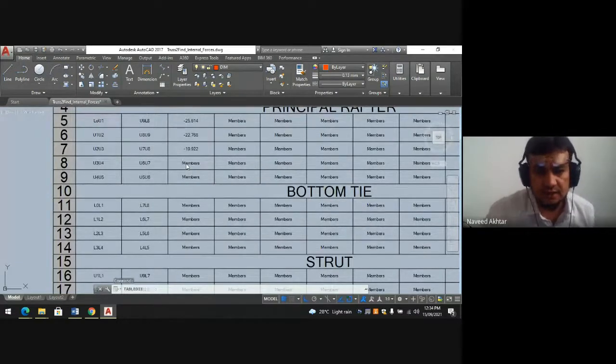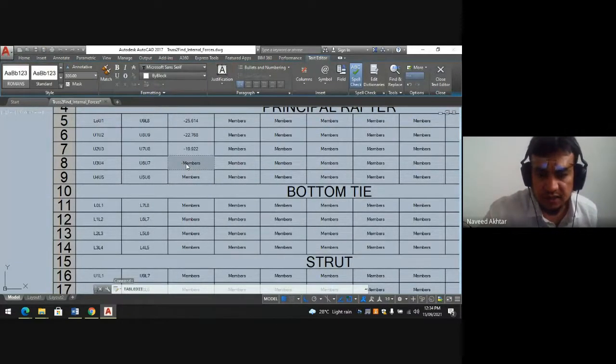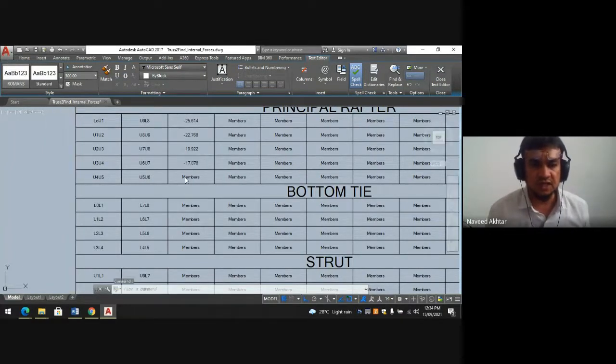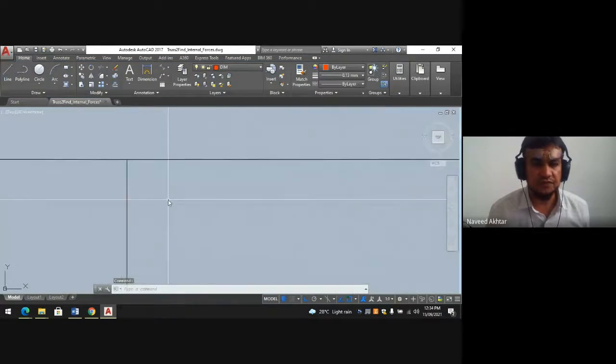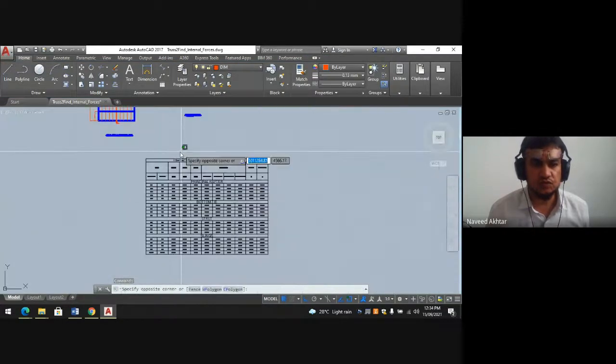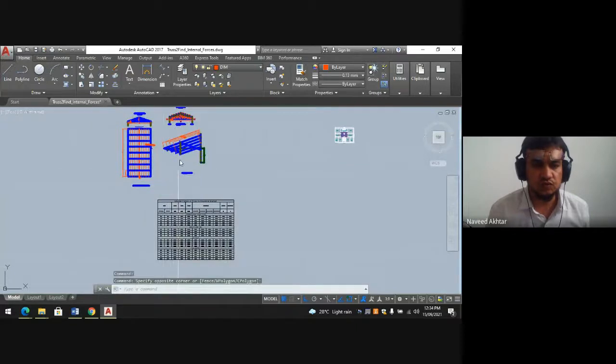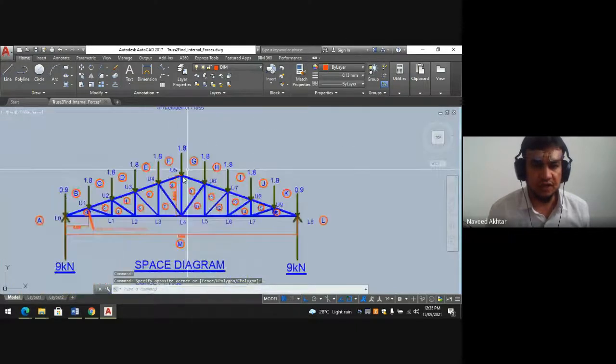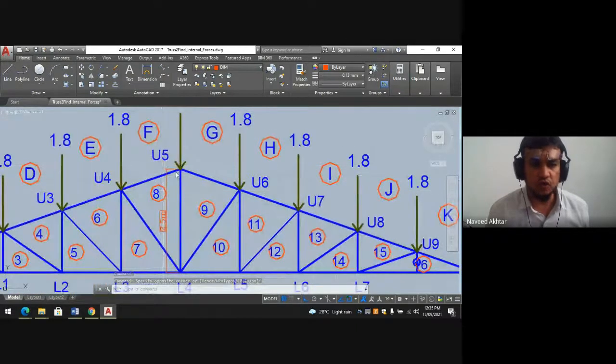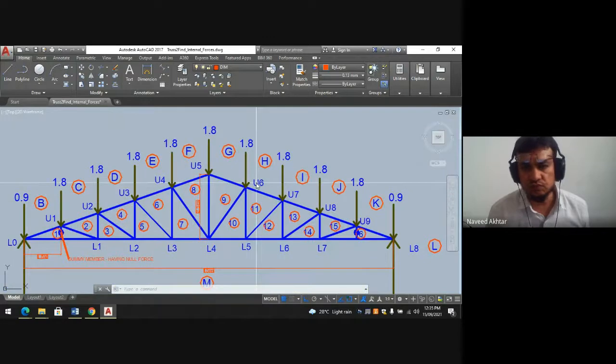I will write down here, minus dead load, minus 17.076. Similarly, the last member of the inclined is U4 U5 and then U5 U6.